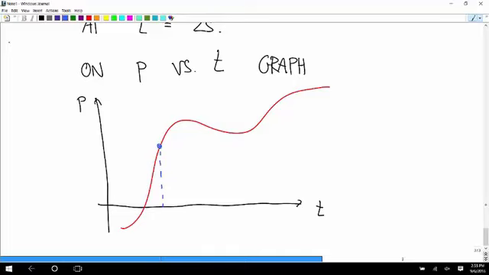And we want to calculate the instantaneous velocity at this point t. So this is p at that point t. The instantaneous velocity is the slope of a line that's tangent to that point.